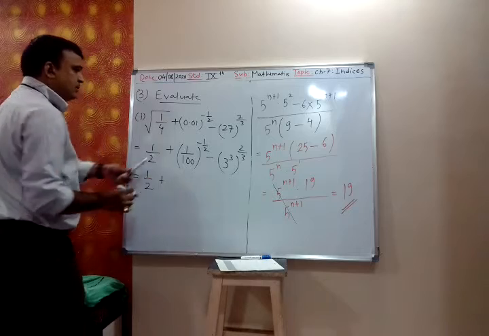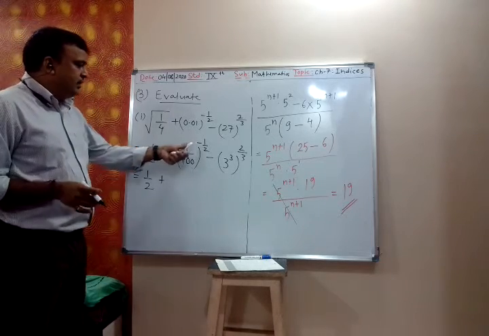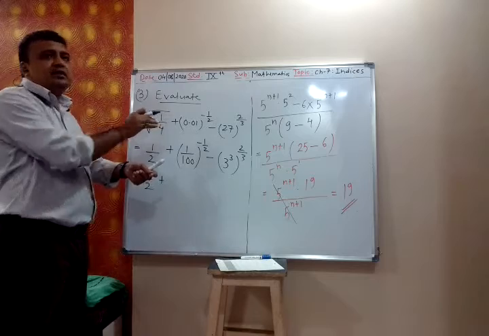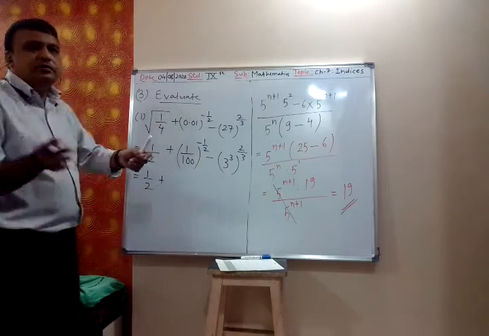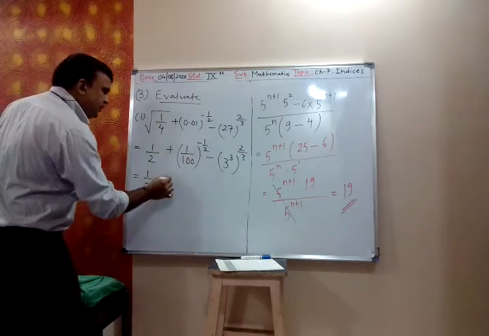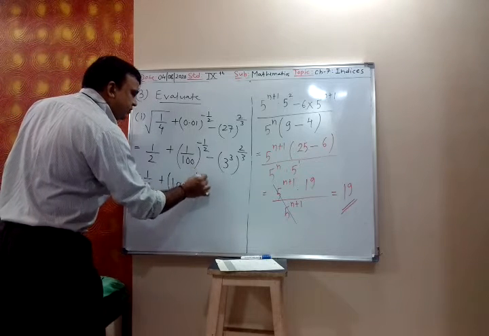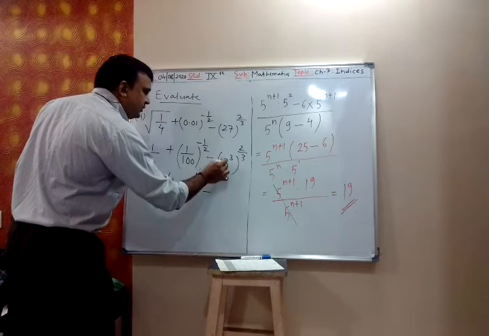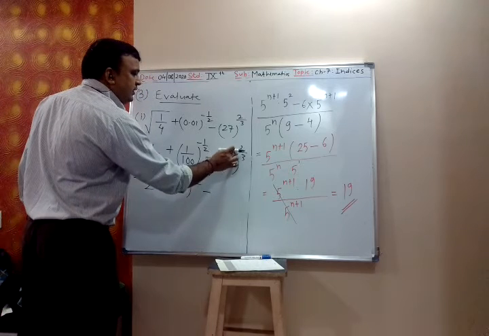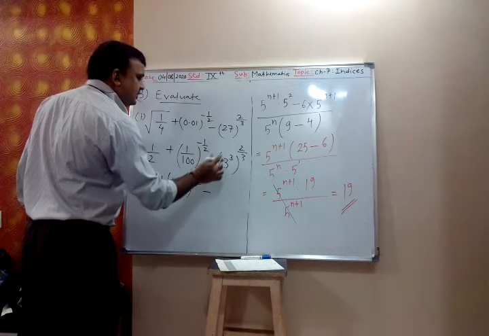Now the power is negative. I have told you, whenever the power is negative, you take the reciprocal of the number, and the power will become positive. So 1 upon 100 reciprocal will be 100 raised to half, the power is positive now. For 3 cubed, power raised to power, multiply the powers: 3 into 2 by 3, the 3s get cancelled.